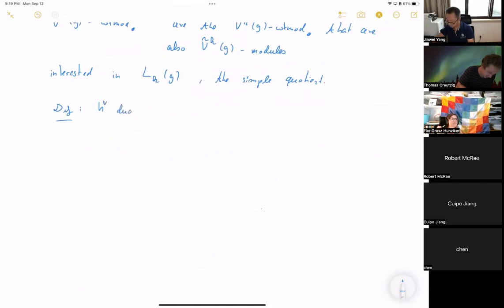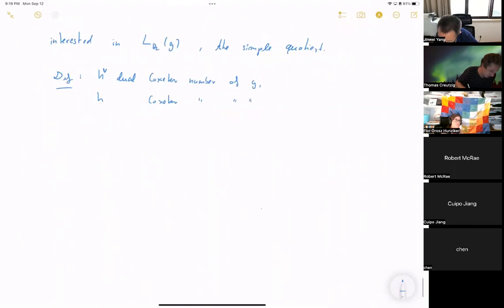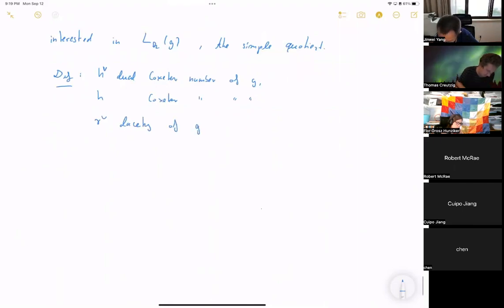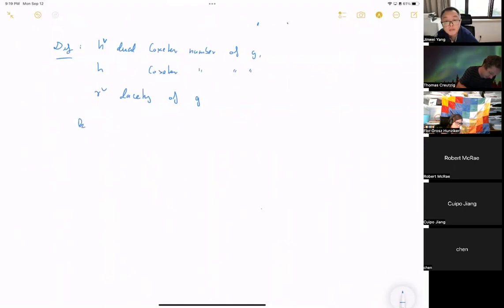So let's first denote by h^∨ the dual Coxeter number, by h the Coxeter number, and by r^∨ the lacing number of g. So then one says that k is admissible if it's a special number of a special type.